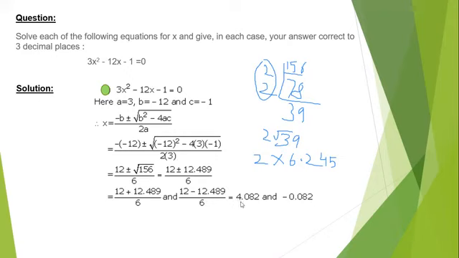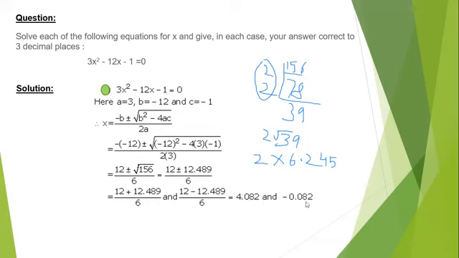So for this question, if significant figures are asked, up to 2 significant figures, the answer here will be 4.1. And this answer up to 2 significant figures will be 0.082. In significant figures, zeros in the starting are not counted, while zero at the last is counted.